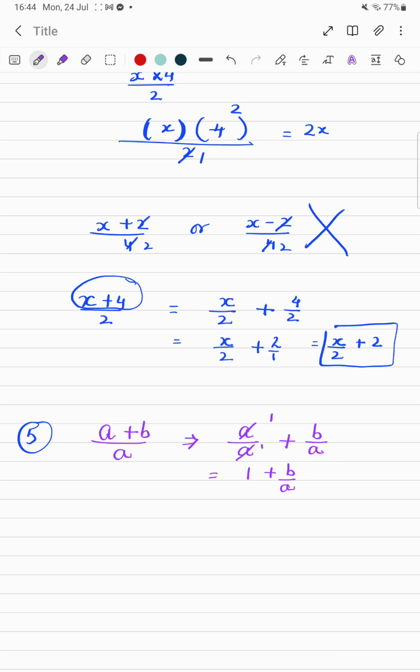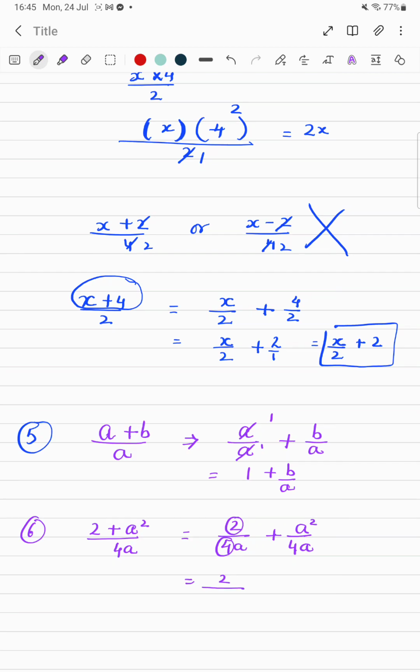Okay, let's take one more example. Say I have 2 plus a squared over 4a. Now either you can leave it like this, but if you want to simplify, you can split again: 2 over 4a plus a squared over 4a. Now see here, 2 is in the numerator and 4 is in the denominator.